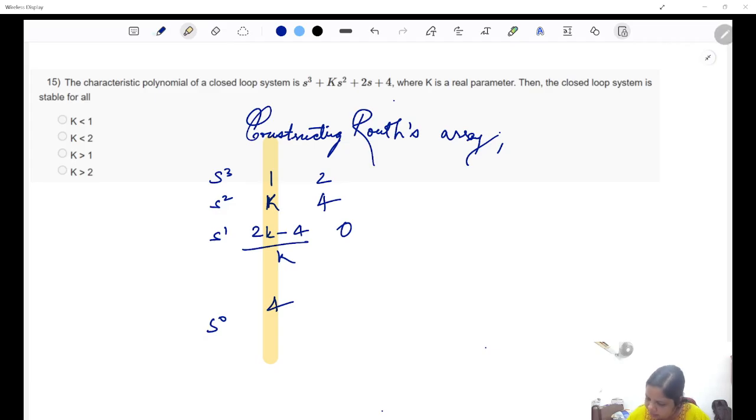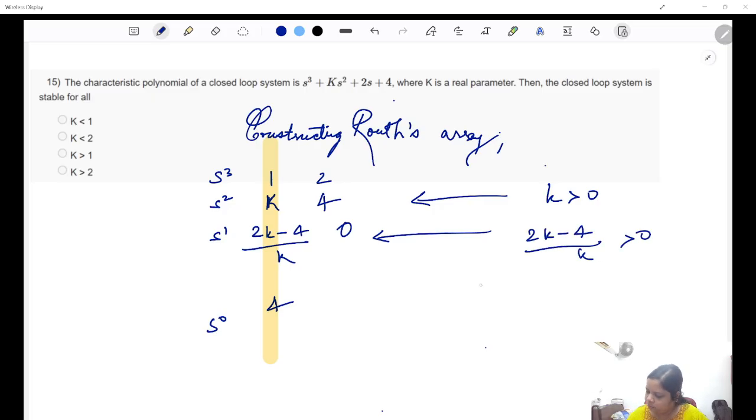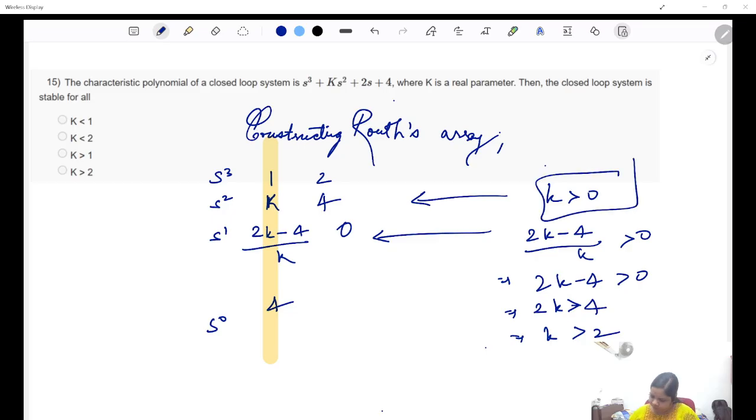So from this, we can say k should be greater than 0. From here, we can say (2k minus 4) upon k should be greater than 0. That means 2k minus 4 should be greater than 0, so 2k should be greater than 4. That means k should be greater than 2. So from the first you get k greater than 0.